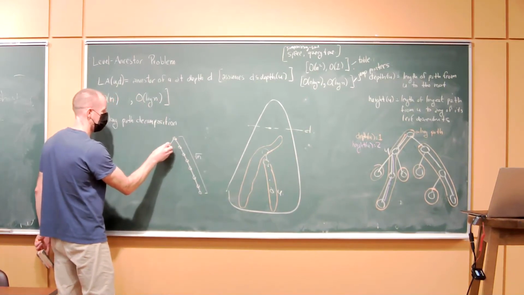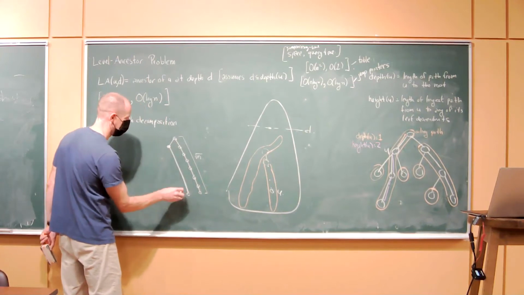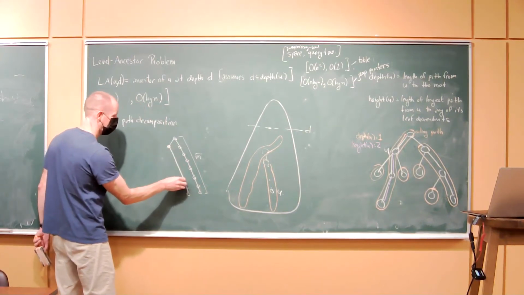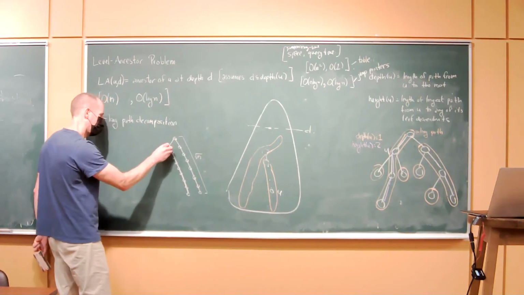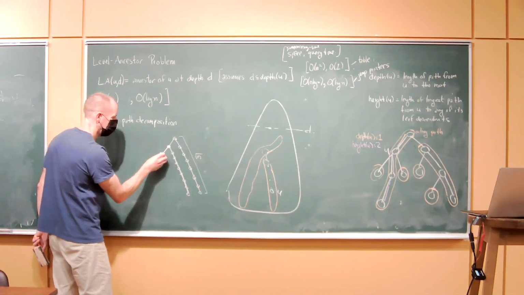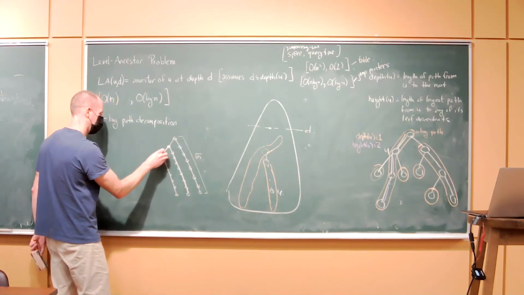Give the root of that path a child. That child has a path of length root n minus 1. And the first node in that path has a child, which is a path of length root n minus 2, and so on.